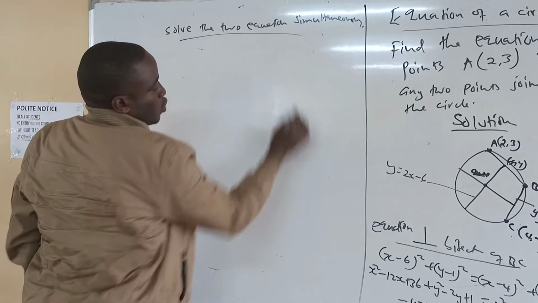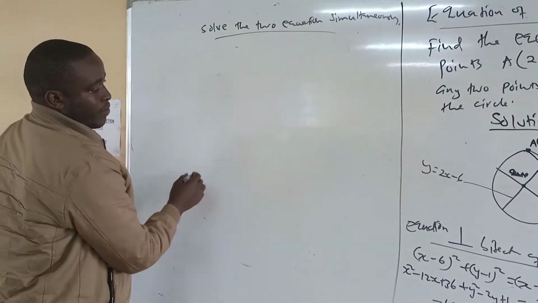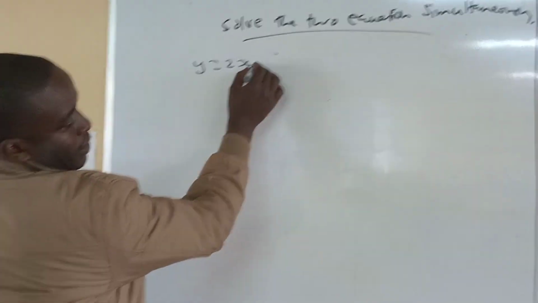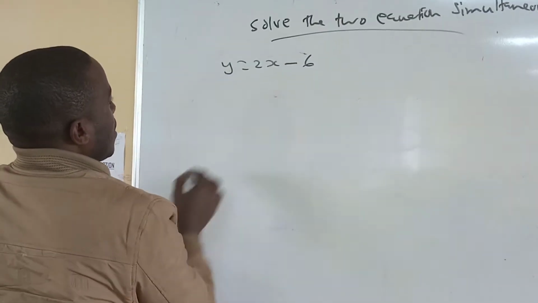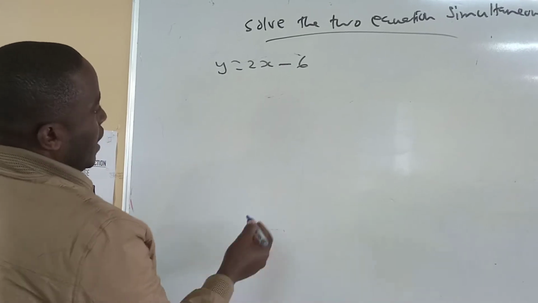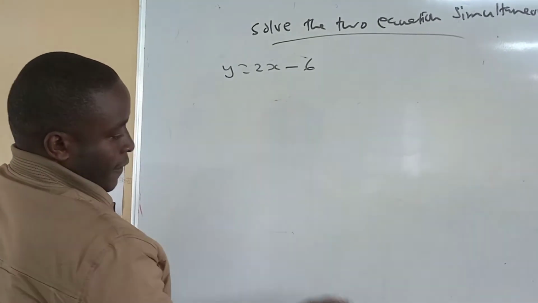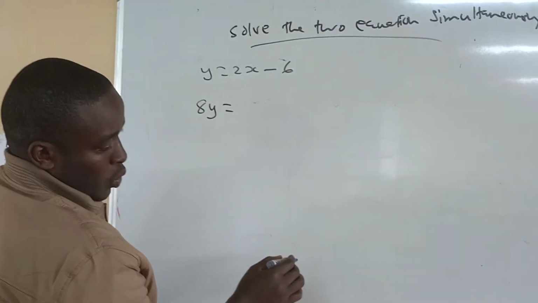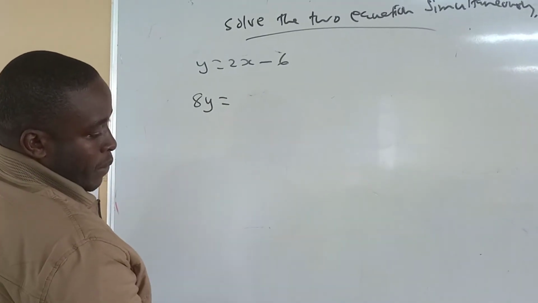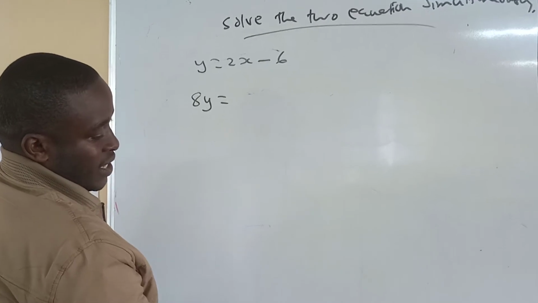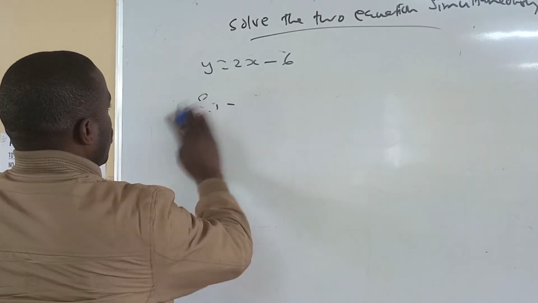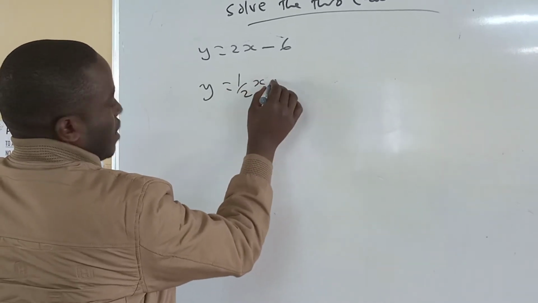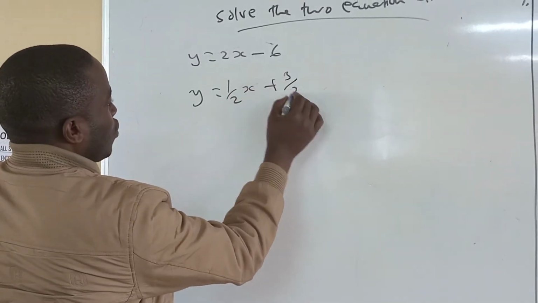If we solve the two simultaneously, we shall have y equals 2x minus 6. And this other one, 8y equals 4x plus 12, is the same as y equals a half x plus 3 over 2.